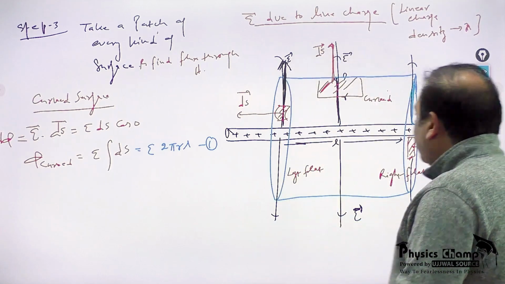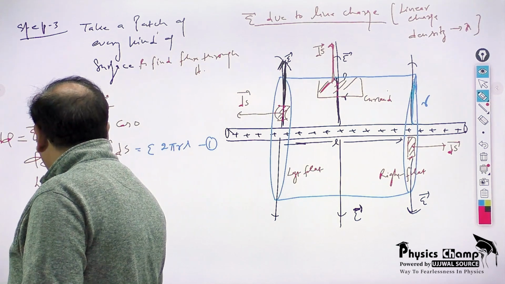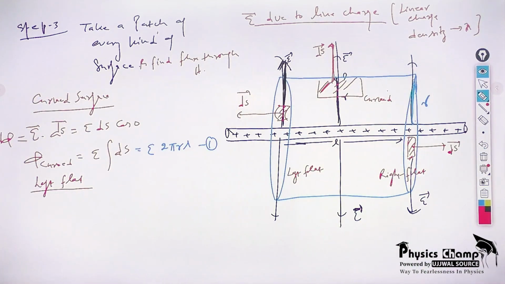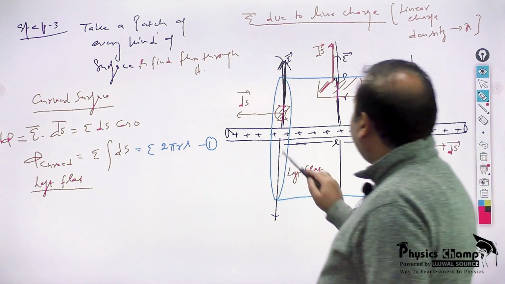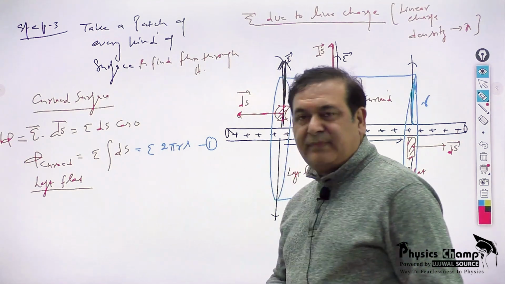Now let's talk about the left flat surface. In the case of the left flat surface, the area vector is here and the electric field is here.